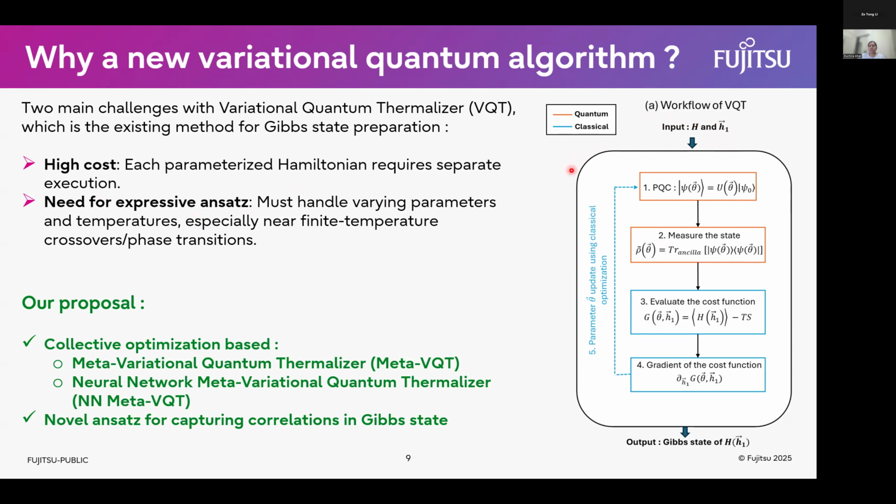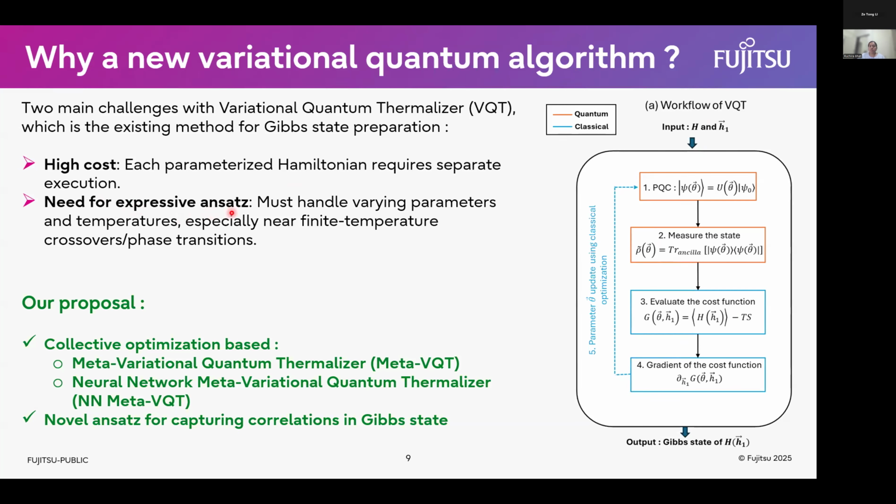It is very non-trivial to represent the Gibbs state around phase transitions or critical points using the general ansatz used in the literature. So there is a need for an expressive ansatz to represent the Gibbs state around these points.